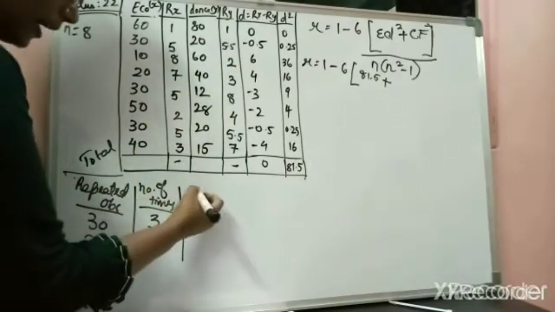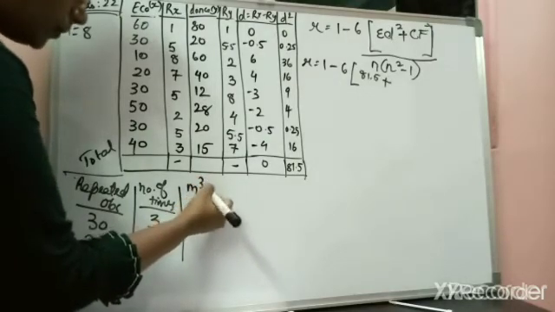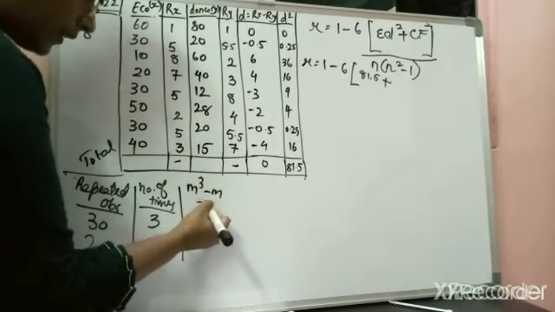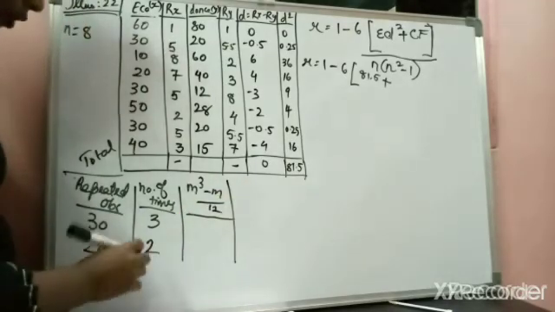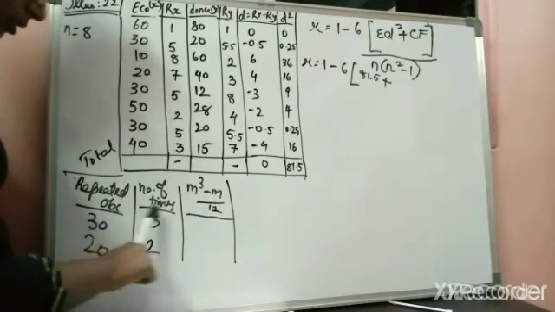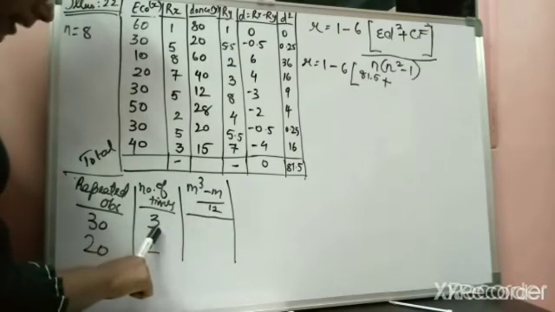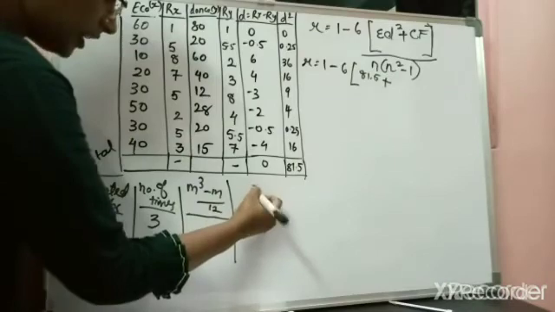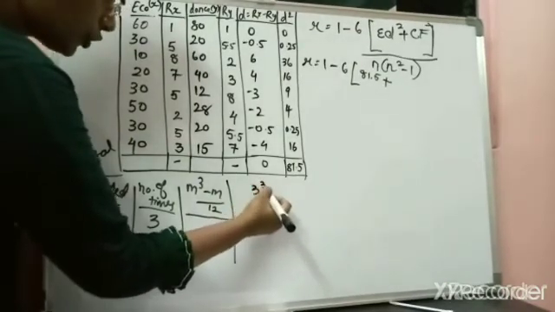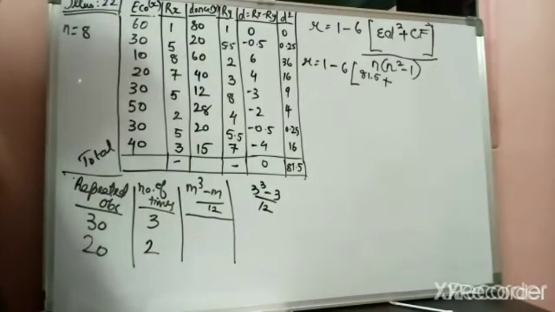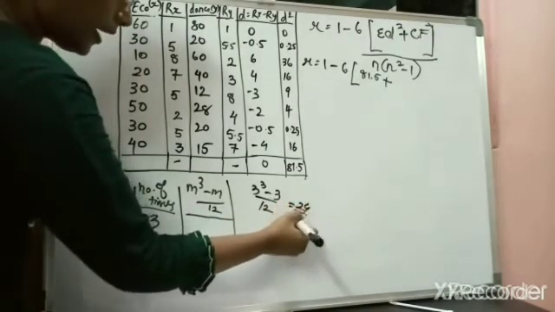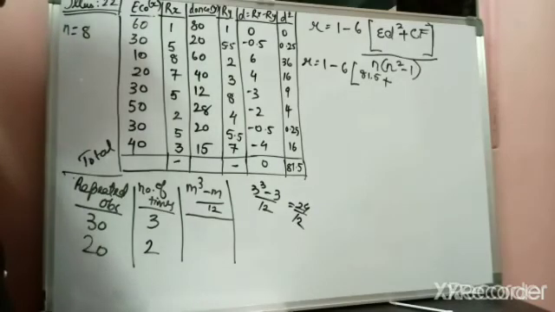Now then you have to find according to the formula m cube minus m divided by 12. So according to this formula, let's calculate. Now for 30, your m would be 3. So 3 whole raised to cube minus 3 divided by 12. So 3 into 3 into 3, it is 27 minus 3, it would be 24. So 24 divided by 12, you would get number 2.